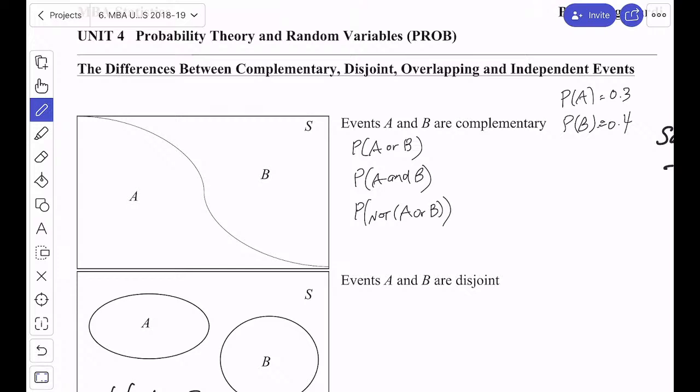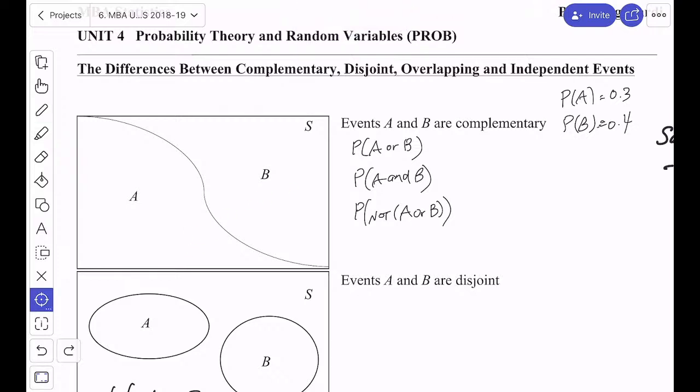So with each scenario, I'm going to ask you 3 questions. What is the probability of A or B happening, what is the probability of A and B happening, and what is the probability of not A or B happening? So what's the chance that either A or B happens in this space?